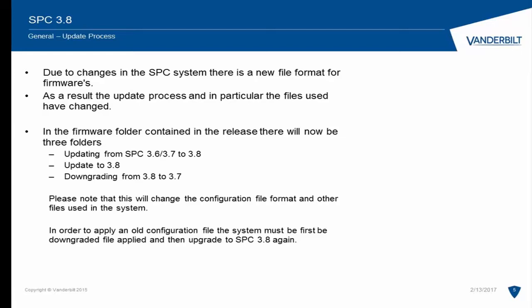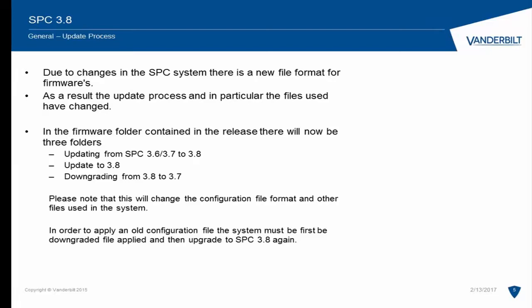And is there any change in operation for any of our customers because of this, Ian? Well, there are small changes. The main one would be you've always had the convenience of being able to take, for example, a 3.6 configuration file and put it straight into a 3.7 panel, and the panel would do the configuration upgrade for you.